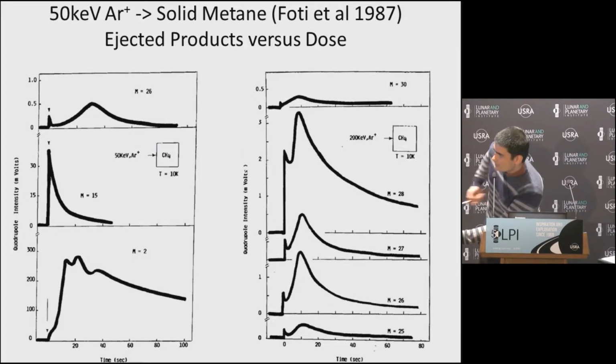And these are the other hydrocarbons, and you can see that you have this evolution with the radiation dose during the experiment. One thing I'd like to point out is that all of these yields are high, and then they drop over time during the experiment. What's happening here is that you're more or less converting the methane into some version of graphitic material, and the sputtering yield of that material is very low.